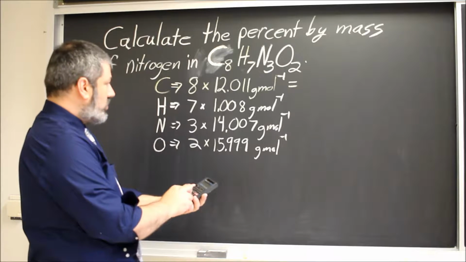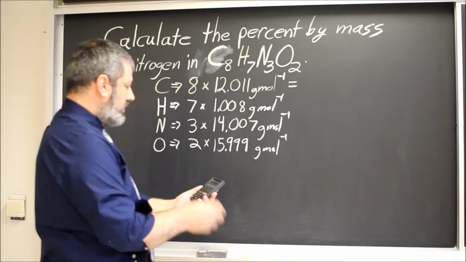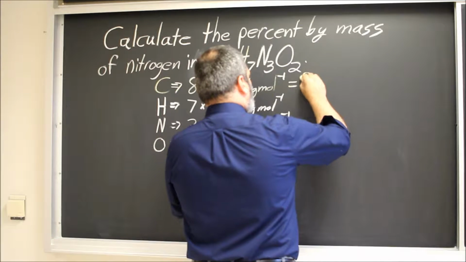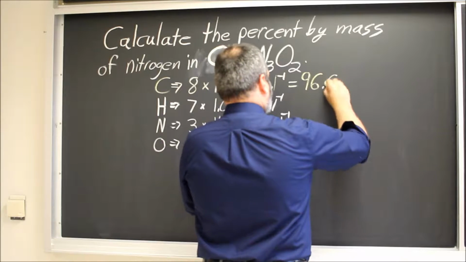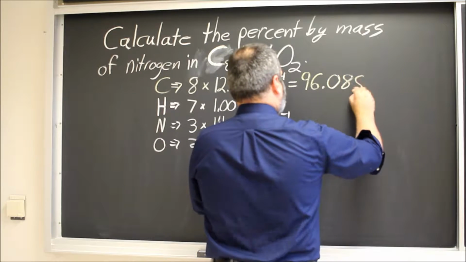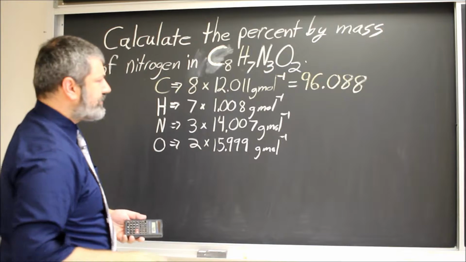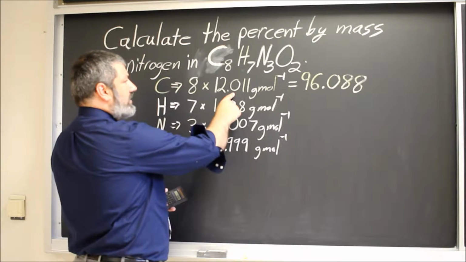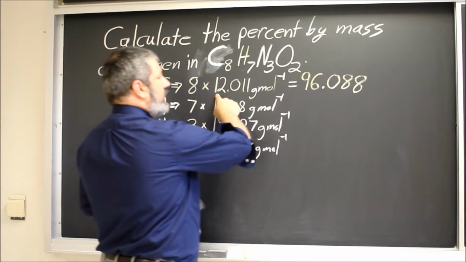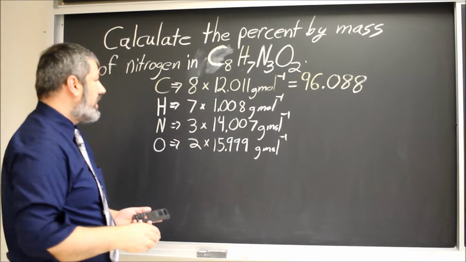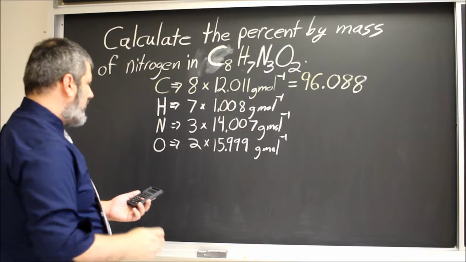So 8 times 12.011. So this gives me 96.088. If I'm paying attention to my significant figures, I'm okay. I've got 5 significant figures here, 5 significant figures there, but we'll take care of that at the end.